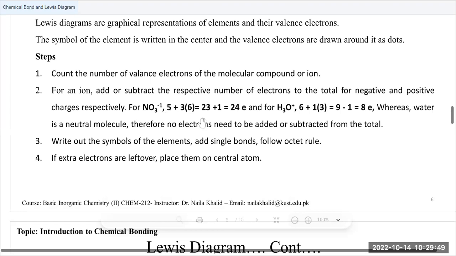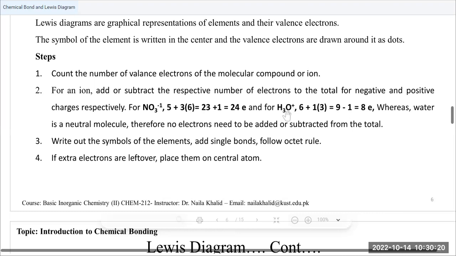First of all, find the total number of electrons and then add 1 for the -1 charge. For a positive ion, first find the total number of electrons and subtract 1 for the positive charge. In nitrate, nitrogen has 5 valence electrons and oxygen has 6 valence electrons. For 3 oxygens, it is 3 into 6, and you get 23, plus 1, so 24 electrons in nitrate.